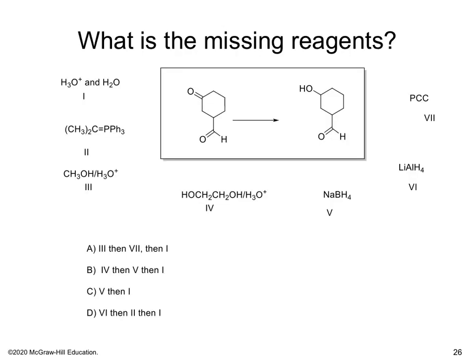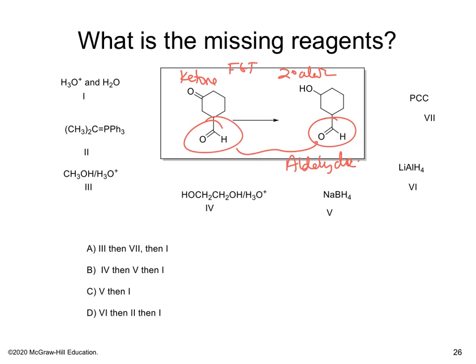All right, so here is a slide. This is reviewing protecting group chemistry. You see you have an aldehyde and a ketone. Aldehydes are very reactive. So how do you get a ketone functional group transformation to a secondary alcohol in the presence of an aldehyde?